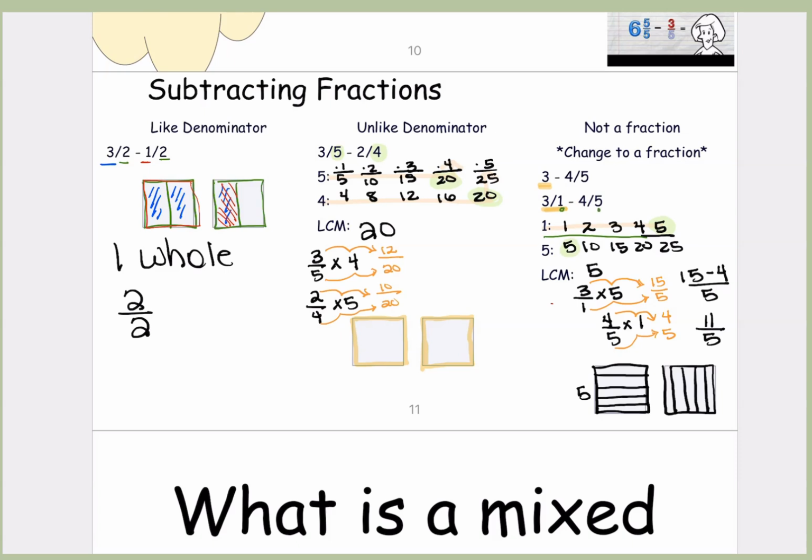So here we should have 12 over 20 minus 10 over 20. 12 minus 10 would be our intermediate step over 20. 12 minus 10 is 2 over 20, and we can simplify that down to 1 over 10.